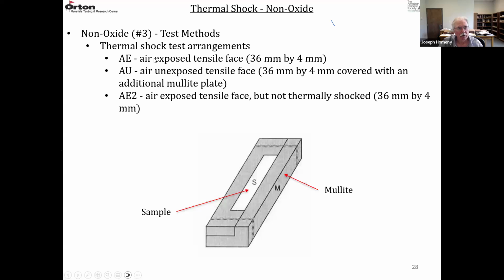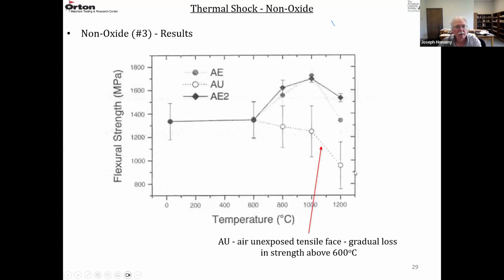So AE was allowed to oxidize during thermal shocking. AU was not allowed to oxidize during thermal shocking. And then AE2 was allowed to oxidize, but was not shocked. So they measured flexural strength versus the quenching temperature. AU was the material that was not allowed to oxidize, so it was covered.